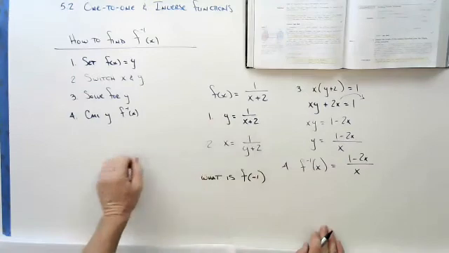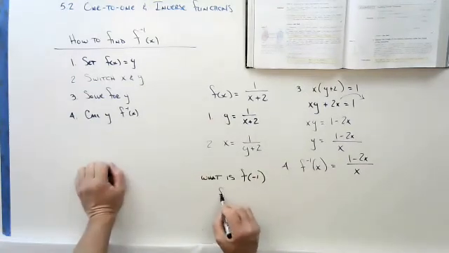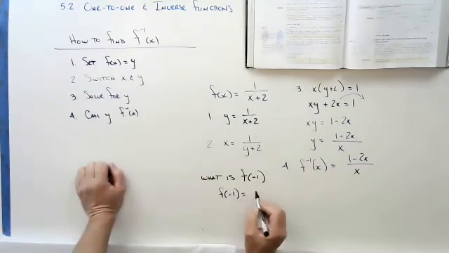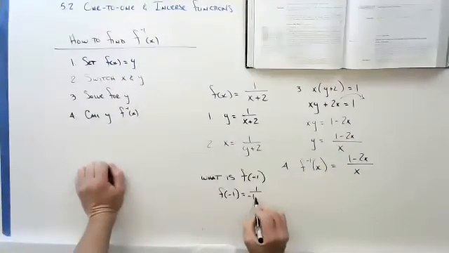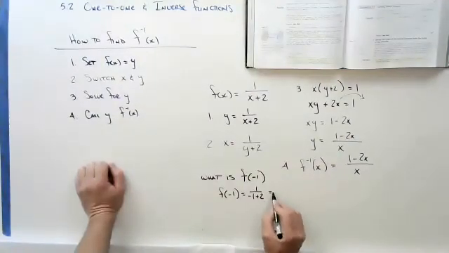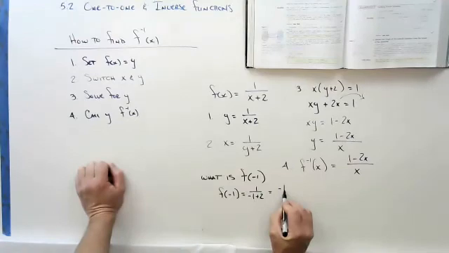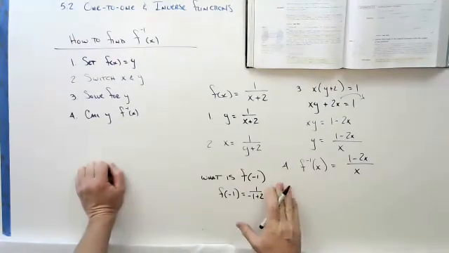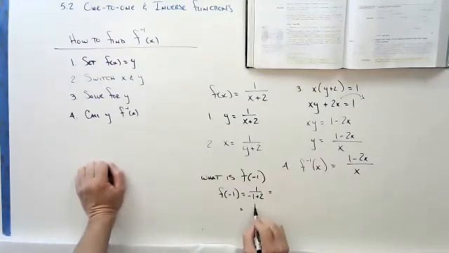I think we can all do this. I skipped some steps, I apologize for that. That's going to be 1 over 1, which is 1.